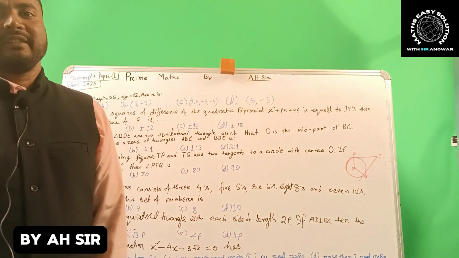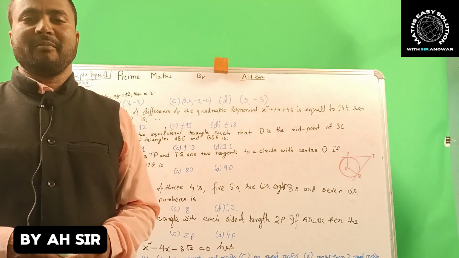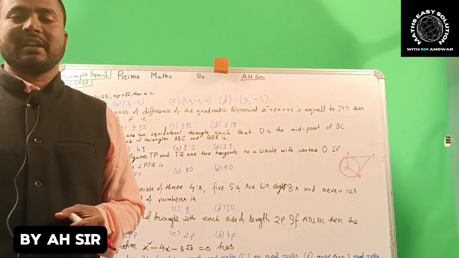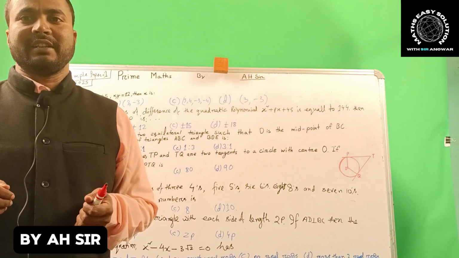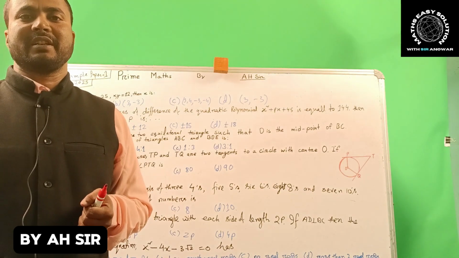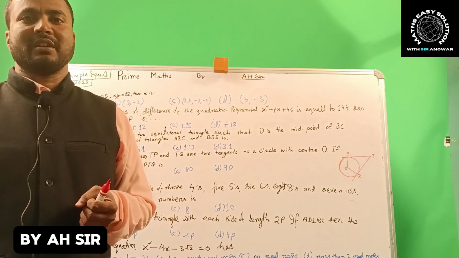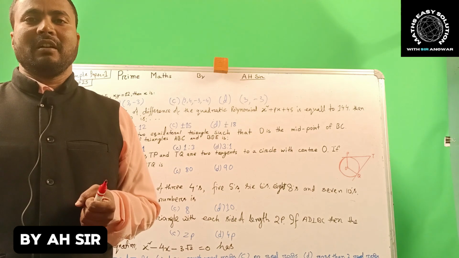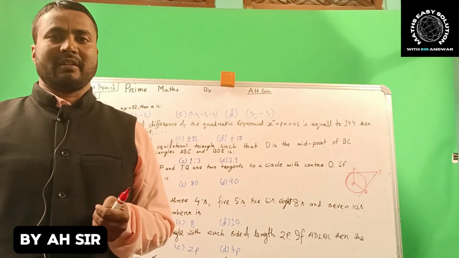Today the class will be very interesting because I have already uploaded chapter 1, Real Numbers. Some of the students are going to write their final exams, grade 10, any boards, either CBSE or any state boards. They request me to upload some sample question papers, it means the probable question papers for the coming year so that they can prepare well.